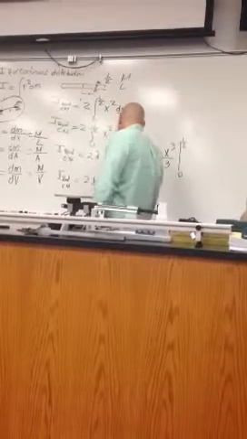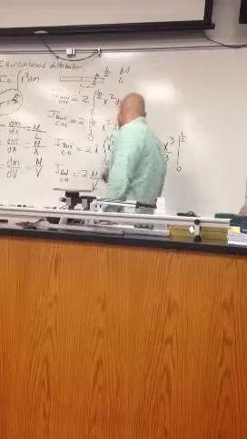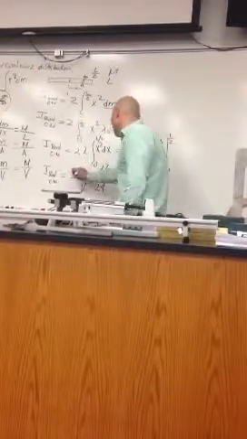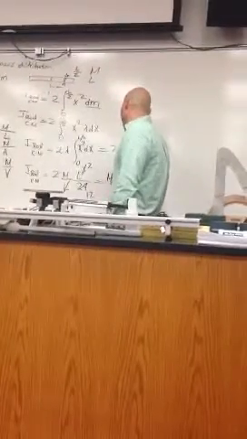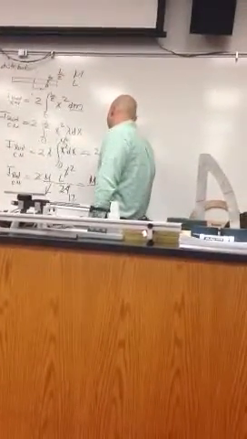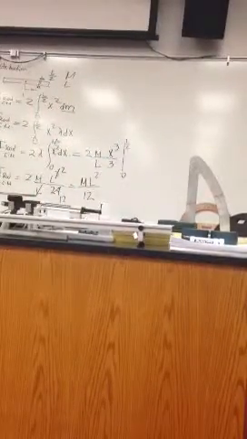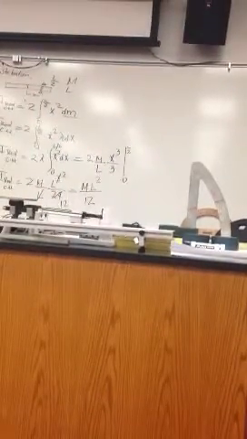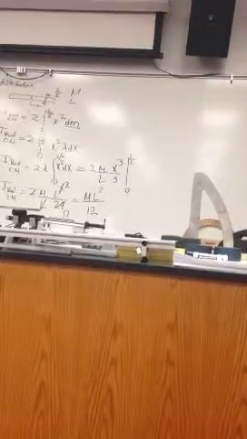Then 2 and 24 give 12. So we get mL squared over 12. And that's the moment of inertia of the rod. This is how to find the moment of inertia of the rod with respect to the center of mass.